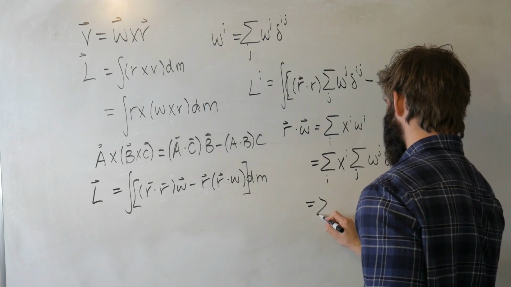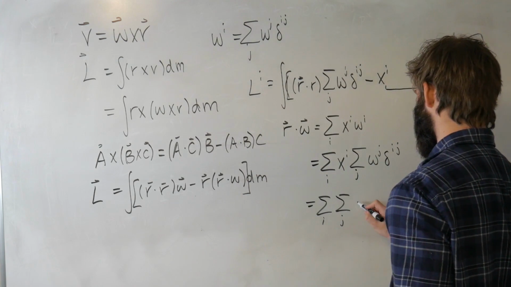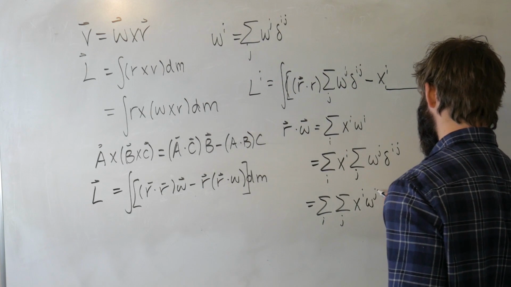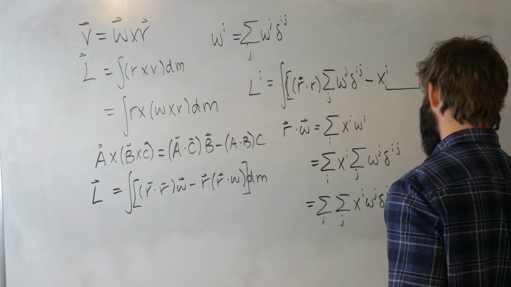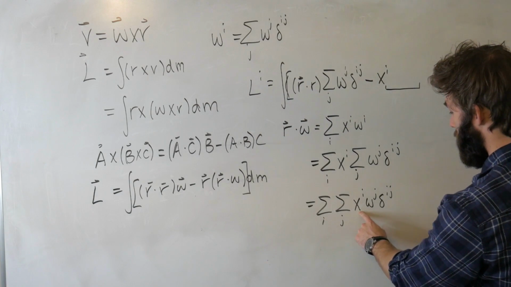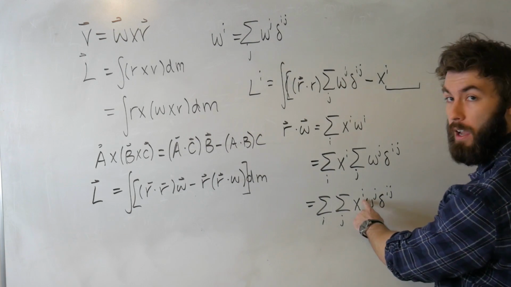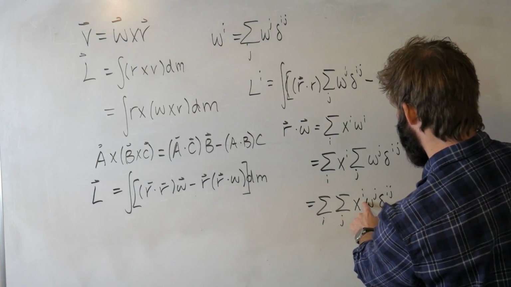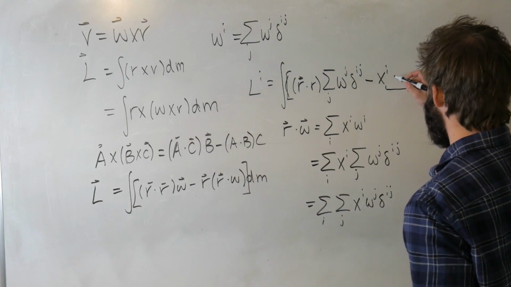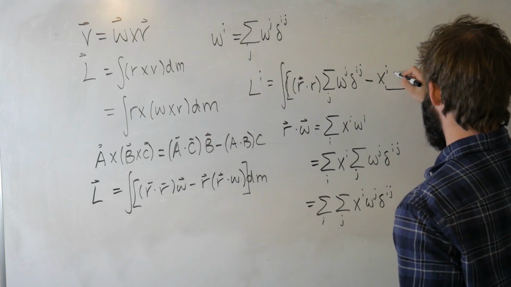This is equal to the sum over i, sum over j of x_i omega_j delta_ij. Well, that tells us that this x_i has to now be the same thing as the j term. So this x_i is going to become a j, and we can get rid of the sum over i, telling us that this is going to equal x_j.